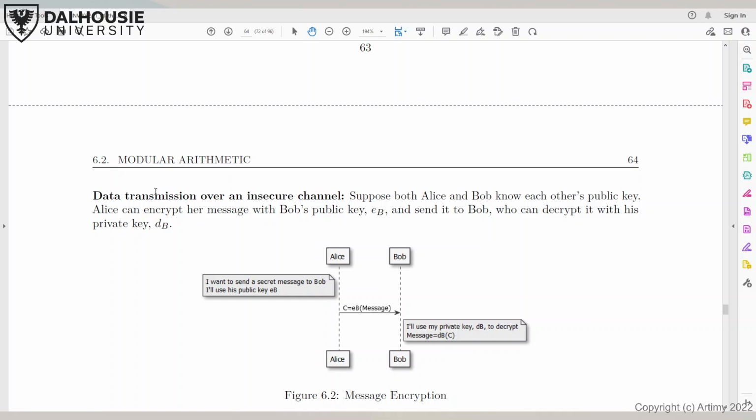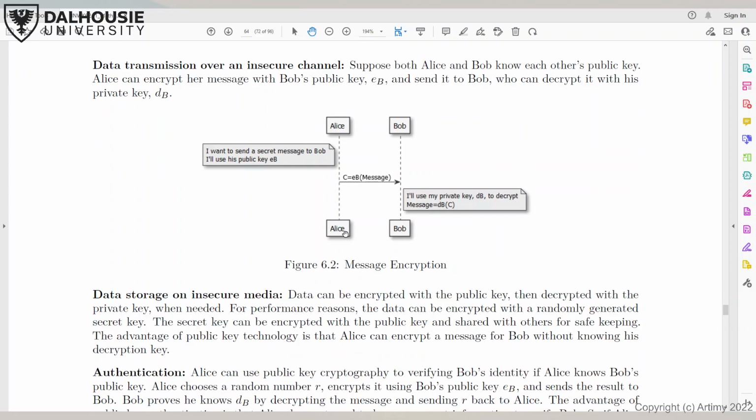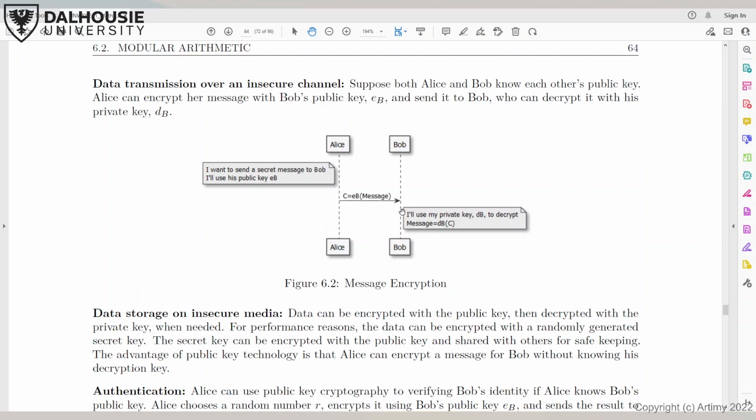So we can encrypt something, send it, and the other entity takes it and decrypts it. Right. So in this picture here, you see that we have two keys. Always two keys. So let's say Alice publishes her key to everybody. Anybody who wants to communicate with me, here is my public key.